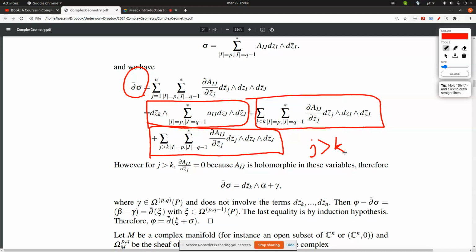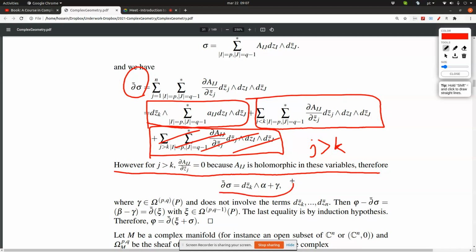This last term will disappear because all these functions are holomorphic in these variables, and at the end of the day we write our derivation in this format.